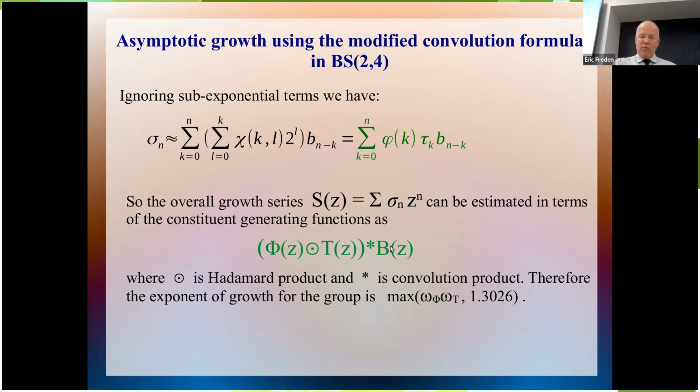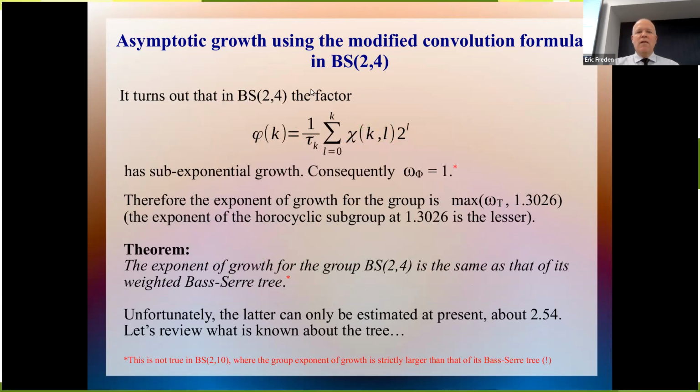This factor is only 1.3, I already know that. This factor is bigger. I found it, it's at least 2.25. So the max here is only going to be concerned with this product. On the asymptotic level, the exponent of growth for this overall group is going to be the max of the exponent of growth for the correction factor times the growth of the tree.